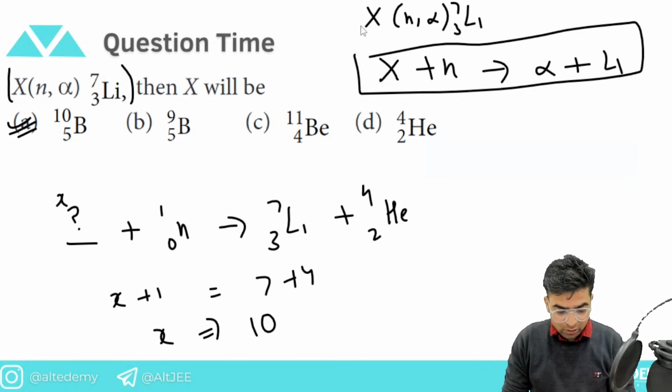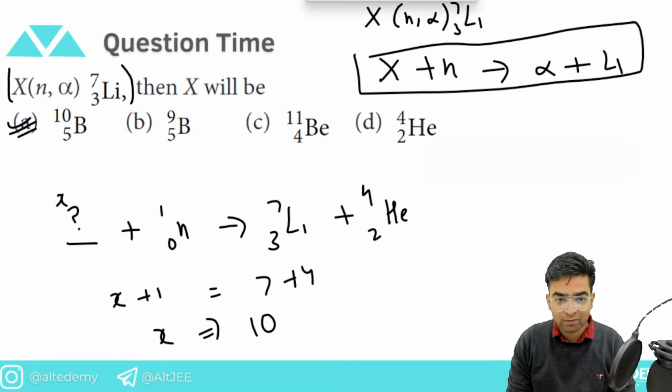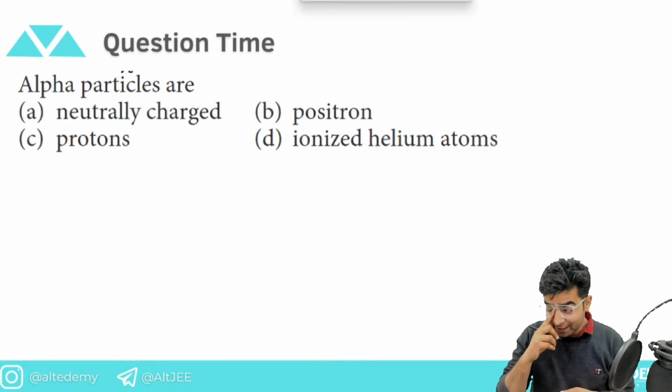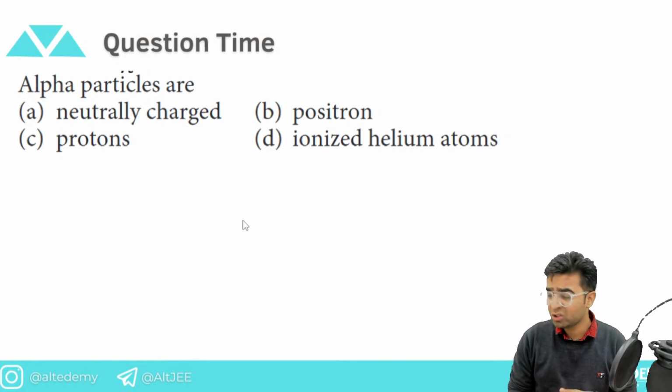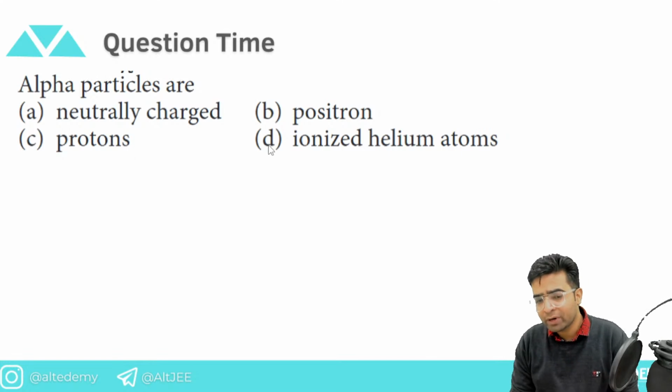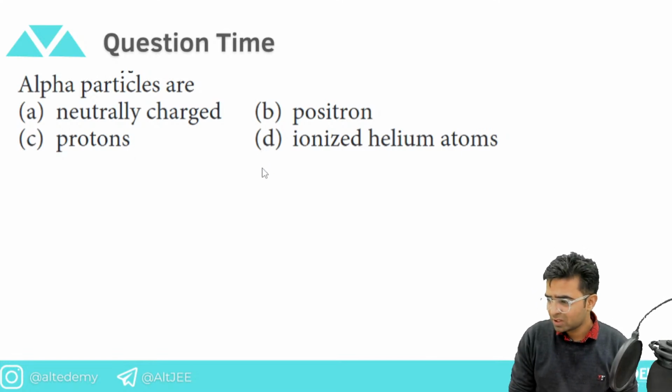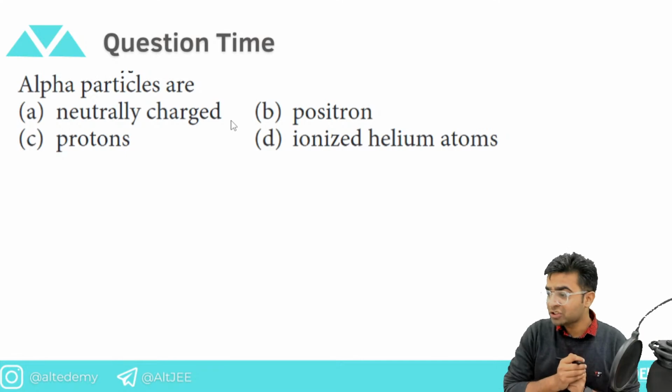Up next, we have another question. Alpha particles are neutrally charged, or are they positrons, or protons, or ionized helium atoms?